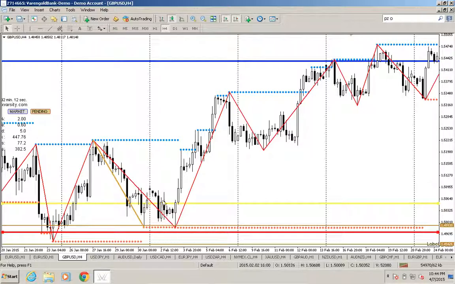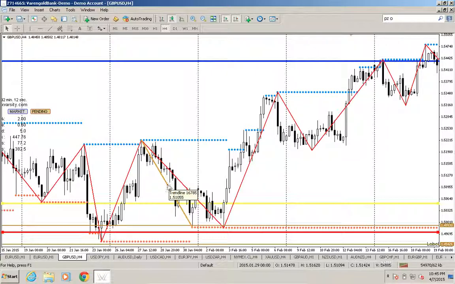Actually, I see here we also have a piercing line, which is also kind of in line price-wise with the hammer. But let's move on. Let's just delete that line.